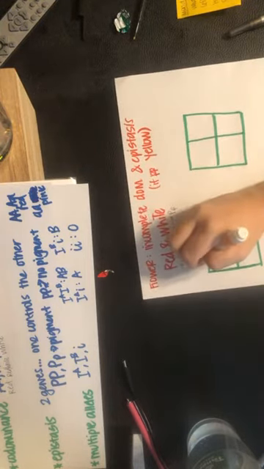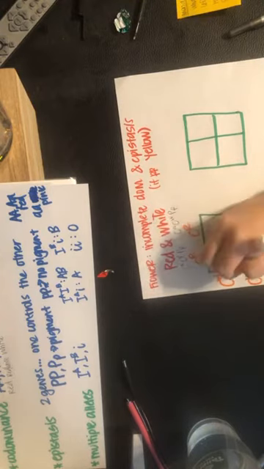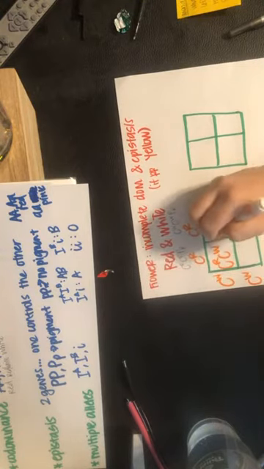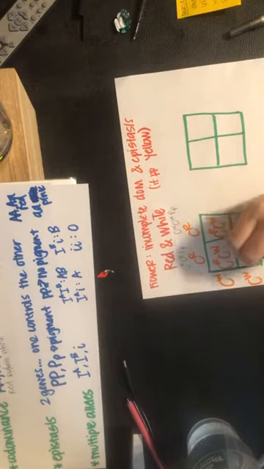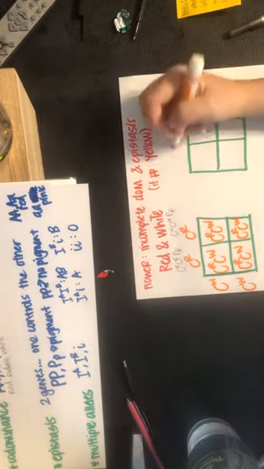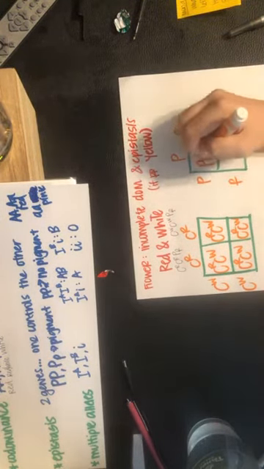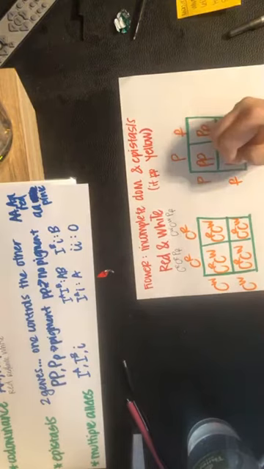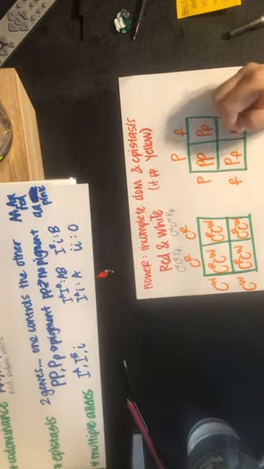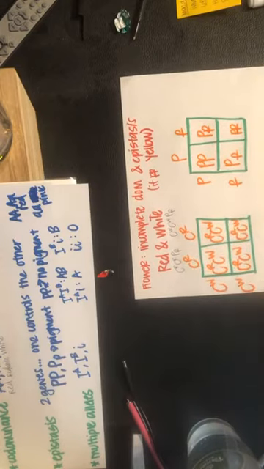You don't want to try to make your life complicated by doing one of those big Punnett squares. So we'll first do our red cross with our white, and you can fill these all in, but this is going to be all pink, which probably shouldn't have been the best example for me to use. And then here we have our heterozygous. Okay, and so what we're going to see is that I need to change the question.